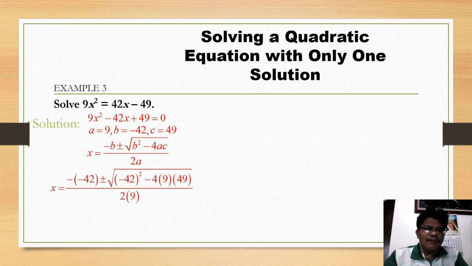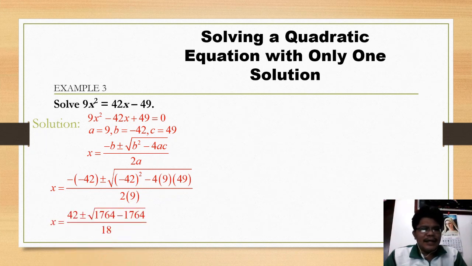So, it becomes negative times negative 42, which is the value of B, plus and minus the square root of negative 42 squared, minus 4 times the value of A, and then times 49, the value of C, all over 2 times the value of A, which is 9.